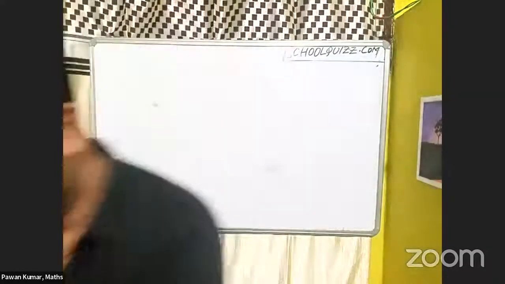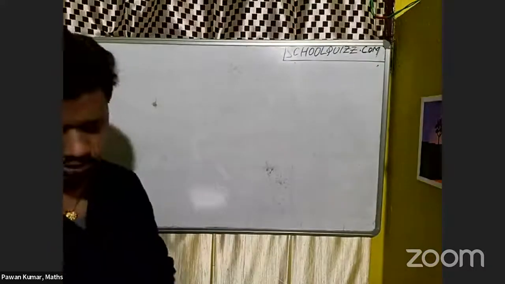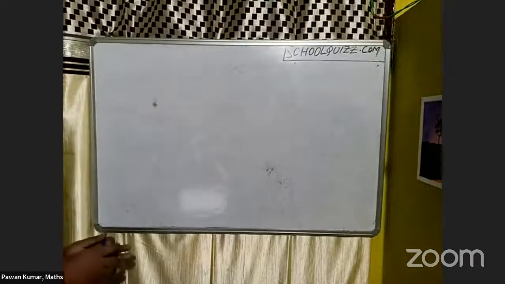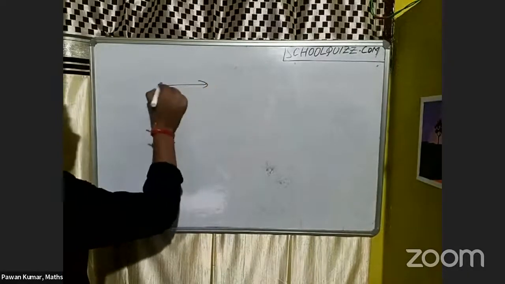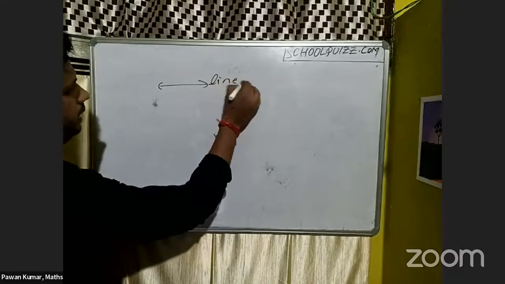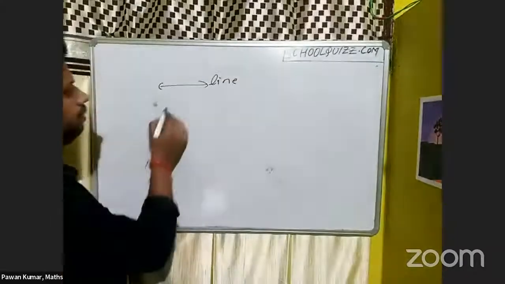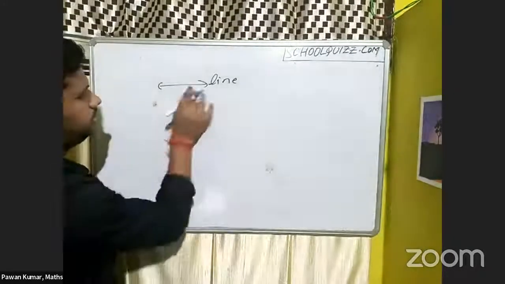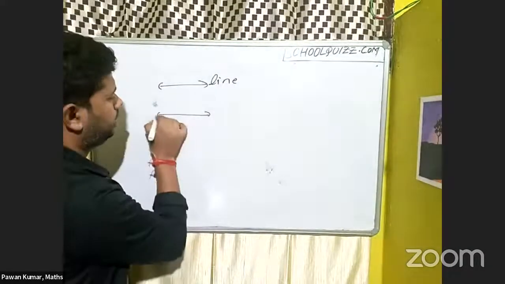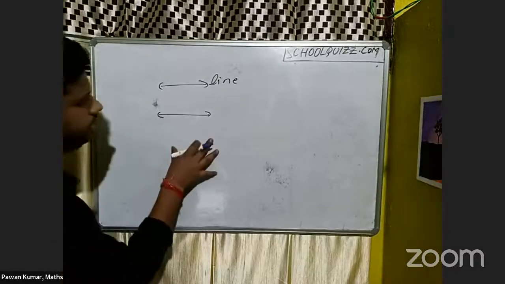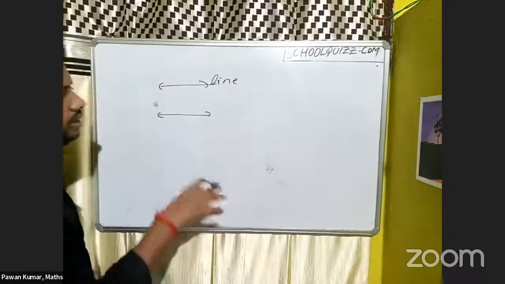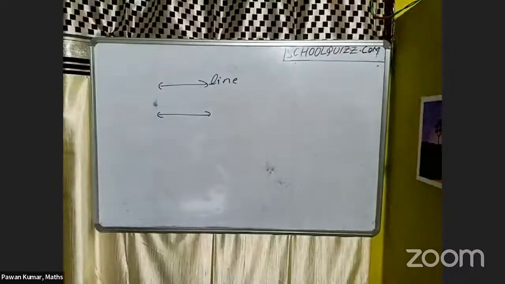Basically, that intercept point. Did you learn about the line? Correct? Yes, sir. So in a line, what can we have? Suppose two lines are there. Either they will be parallel or they will not.